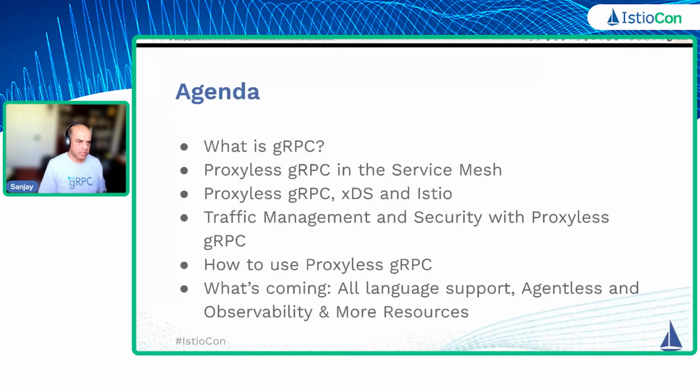I'll then do a technical drill down using a deployment diagram. I'll also describe the gRPC programming API for using Proxyless gRPC. Towards the end, I'll cover the roadmap and what's coming. I'll also have a slide about various information resources for Proxyless gRPC. We'll then end with the Q&A session.